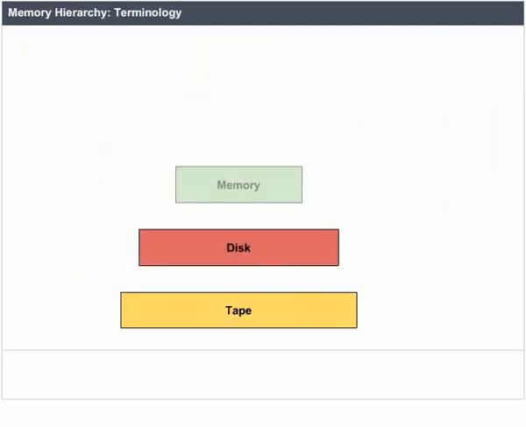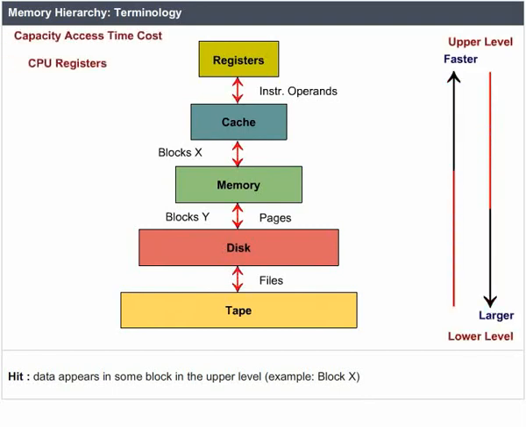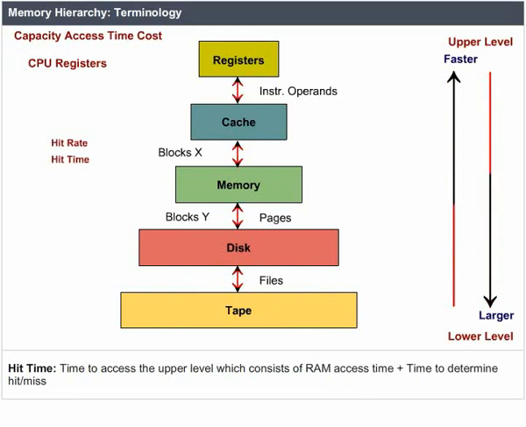Memory hierarchy. Terminology. Hit. Data appears in some block in the upper level. Example, block X. Hit rate. The fraction of memory access found in the upper level. Hit time. Time to access the upper level, which consists of RAM access time plus time to determine hit or miss.